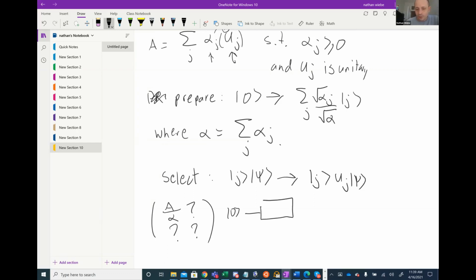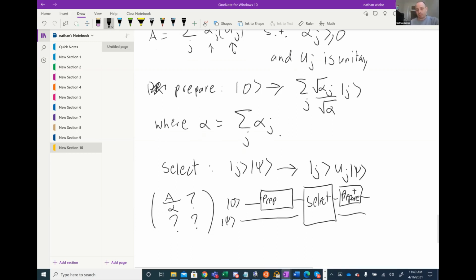So the circuit for this looks deceptively simple. This is prepare, select, and prepare dagger. And then we have an arbitrary quantum state psi feeding into the bottom. So this is actually all we need to do in order to create this block encoding.